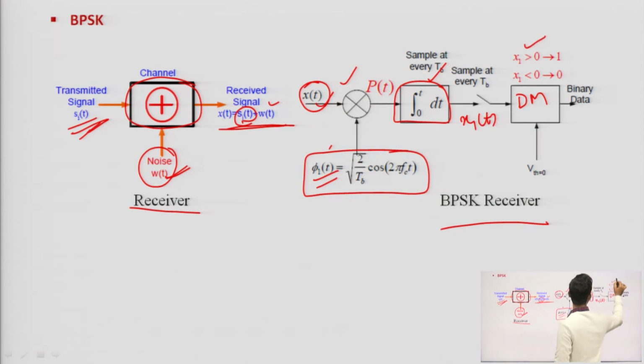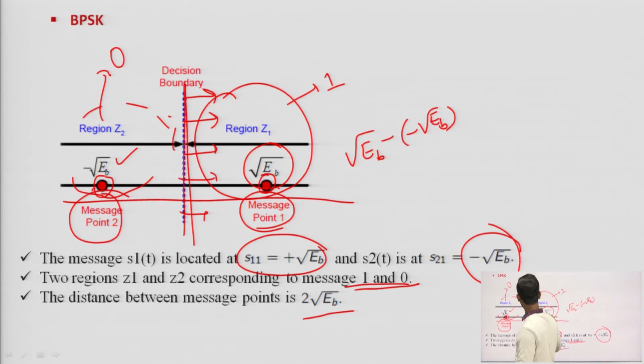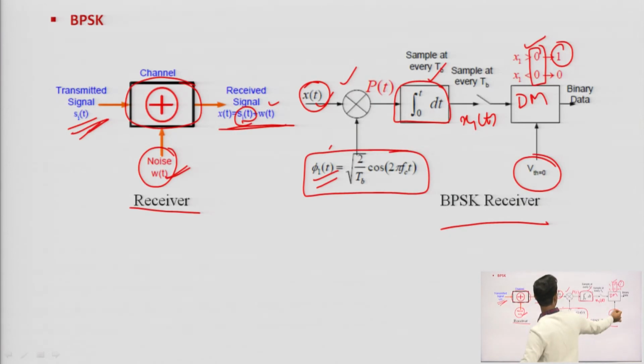If x1 is greater than 0, I consider it as bit 1, and if x1 is less than 0, I consider the bit as 0. This 0 is the threshold, which we can set accordingly, but here the points are minus root Eb and plus root Eb, so the middle point 0 is the threshold.